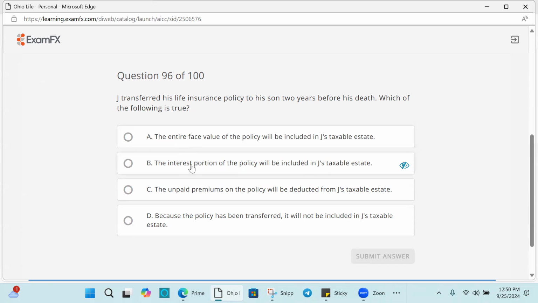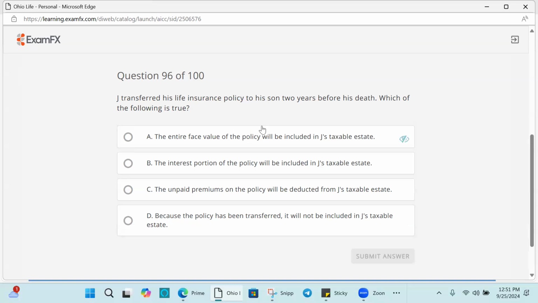So what's the proper time frame? The proper time frame is when you're still alive. There's a number of years involved. I don't know the exact number.